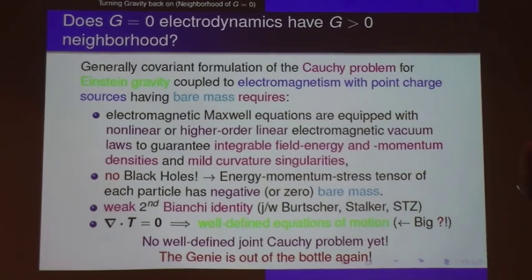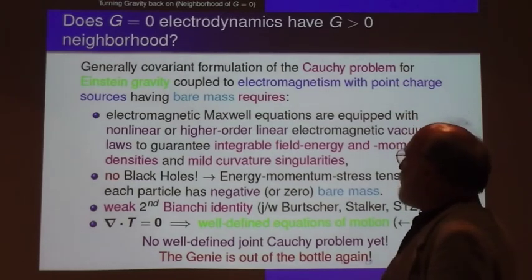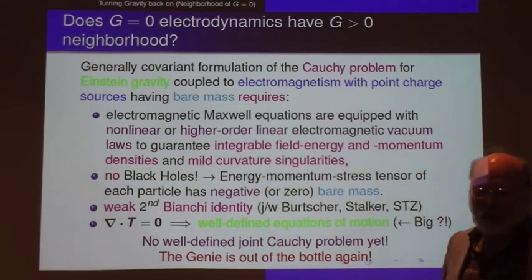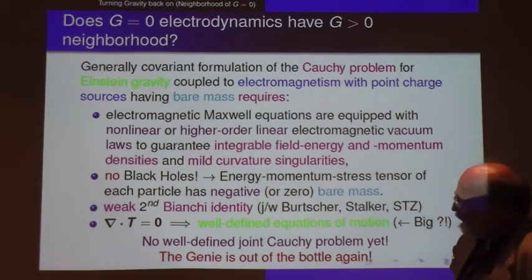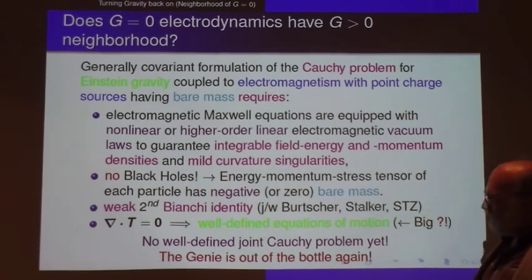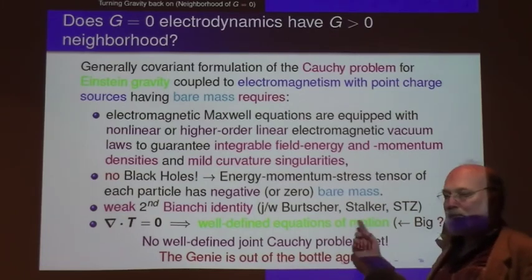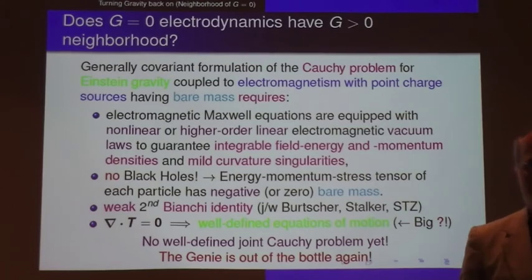So my expectation was that if you replace the electromagnetic vacuum law by something nice like BLTP or Born-Infeld, that would cure those horrible singularities. It turns out, to some extent, that is true, but only to some extent. And if you want to get a feedback loop from the gravitational fields into the motion, then there's a big question mark here, and you get similar singularities as in Lorentz electrodynamics, but now from the gravitational fields.